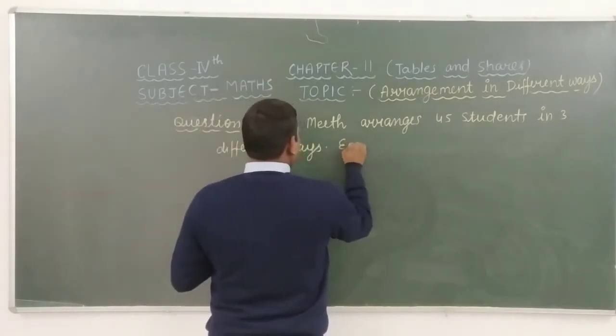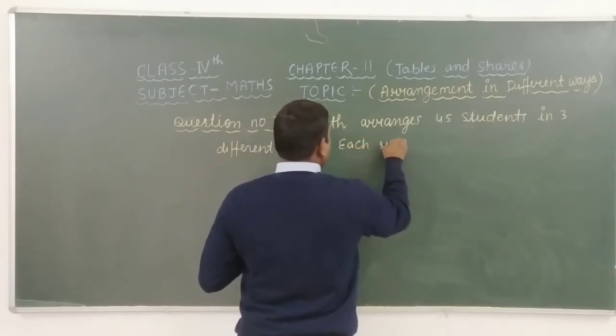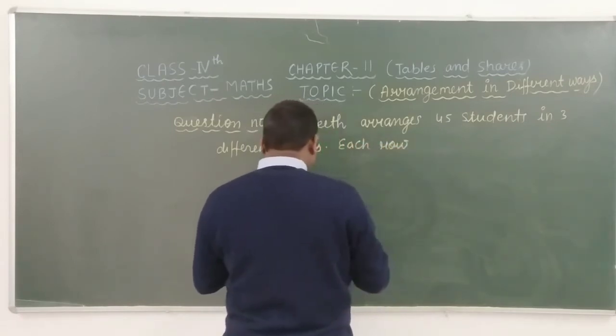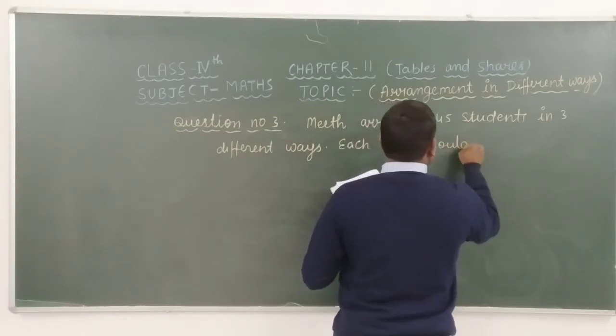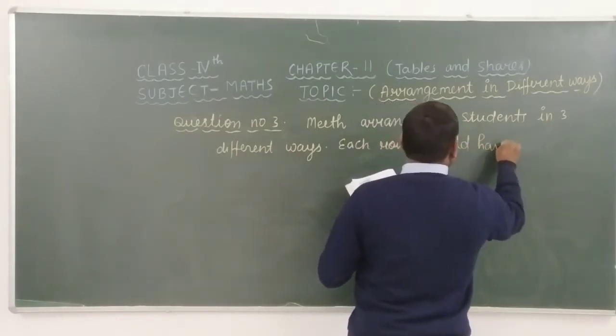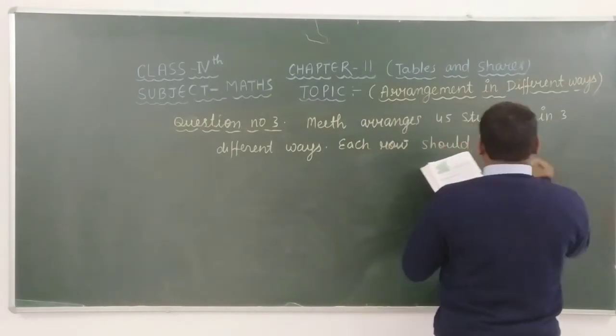Each row should have an equal number of students.